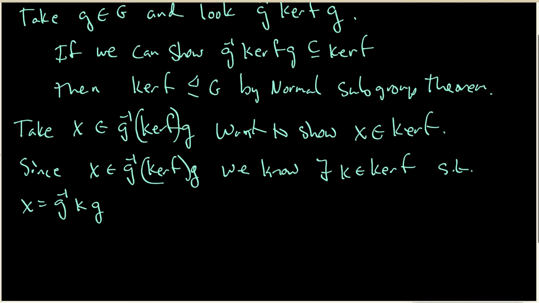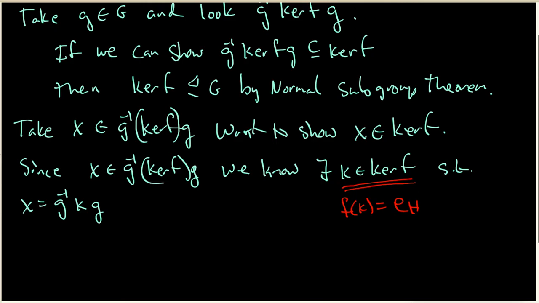Now, one thing I also want to point out is that k inside the kernel of f says f of k is equal to e_H, because you don't get into the kernel unless f sends you to the identity in the target group, and the target group is H.